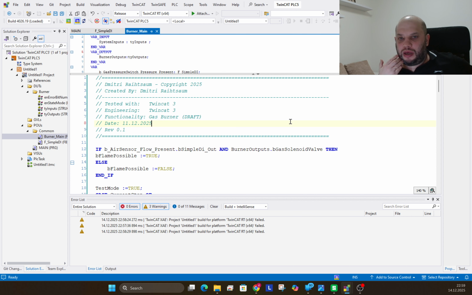What else? Yeah, you can use this draft code wherever you want, but please be very careful with that. Please test everything, check everything. This is not tested on real equipment, and tests in virtual are like nothing in real life.